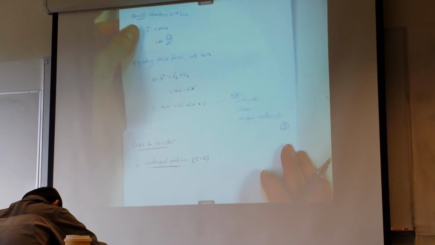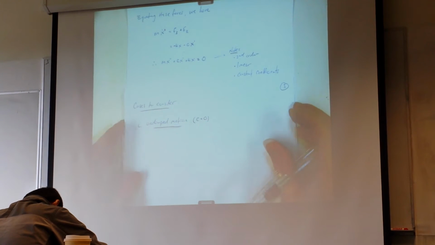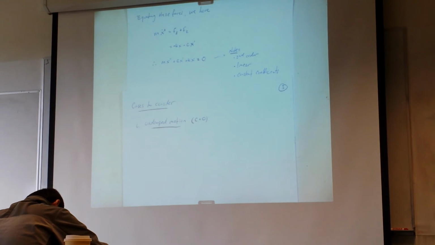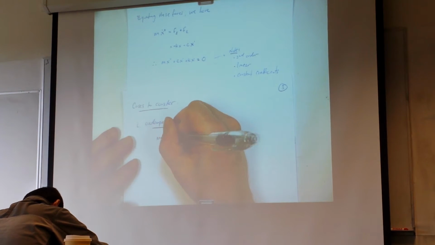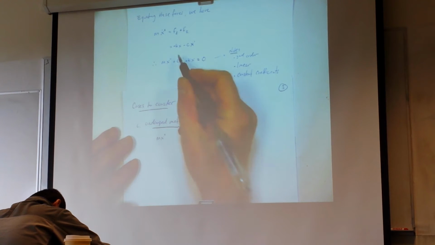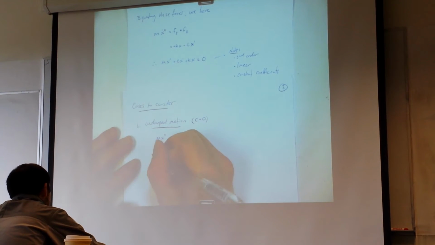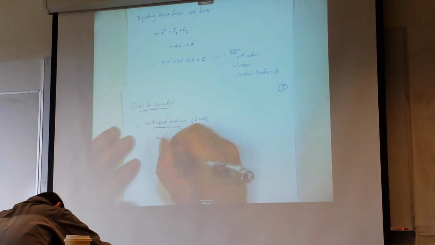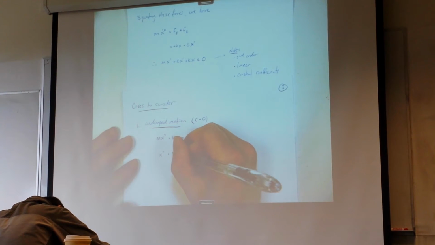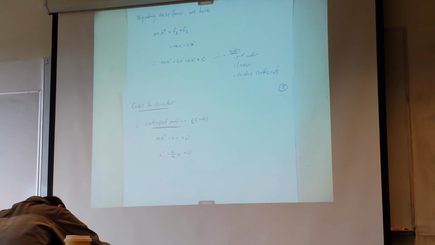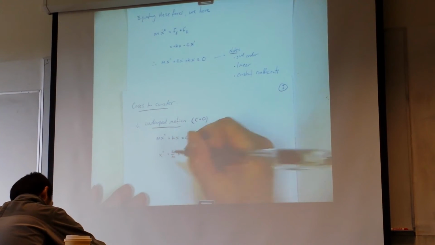We'd have m x double prime, c is 0, so plus kx equals 0. And if we divide through by m, x double prime plus k over m x equals 0, where k over m is, again, a positive constant.